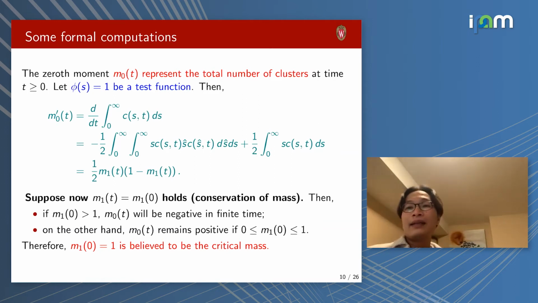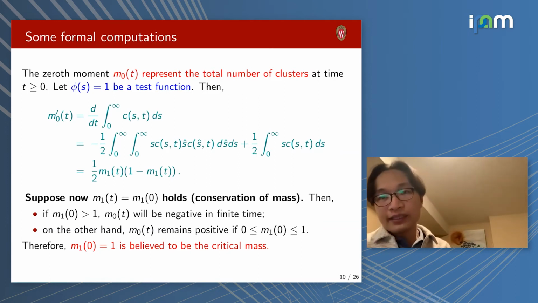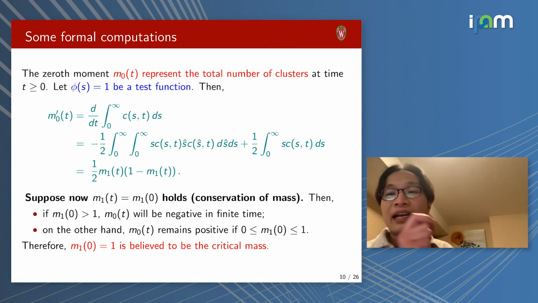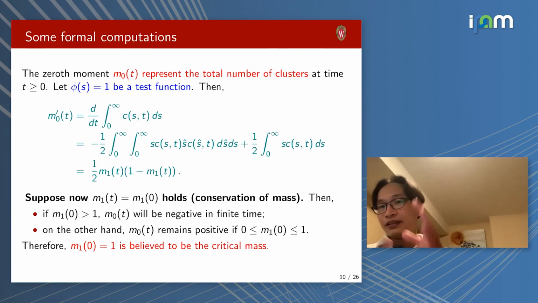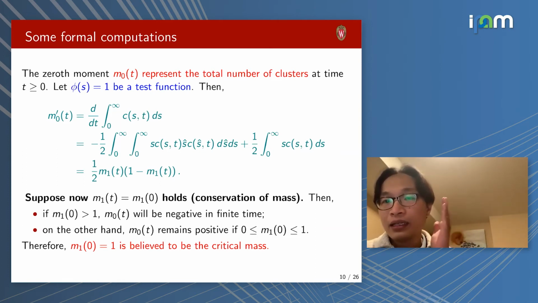On the other hand, again heuristically, if m1 of 0 is between 0 and 1, then it seems that things are fine. The number of clusters is being increased, but I'm not running into any contradictions. And it is believed that 1 is exactly the critical mass.